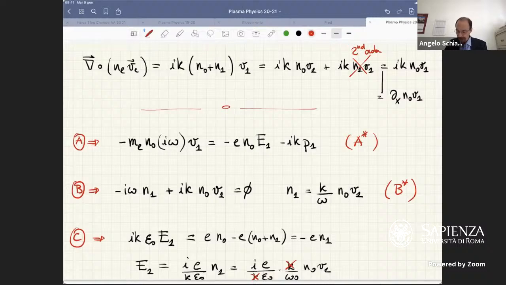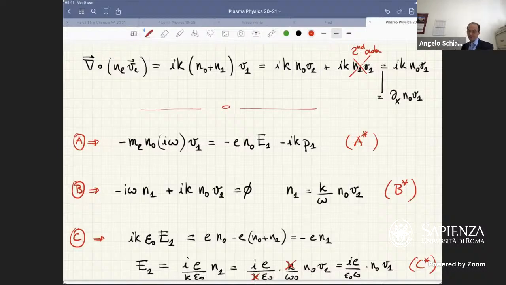And all that remains again is i e over epsilon 0 times omega, which is the angular frequency of the wave, times n0 times v1. And let's call this C star equation.